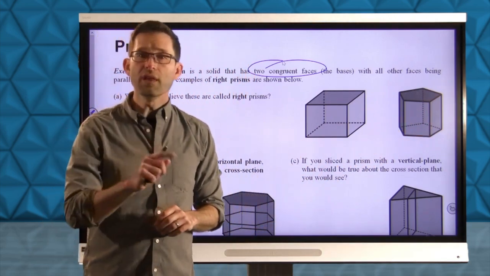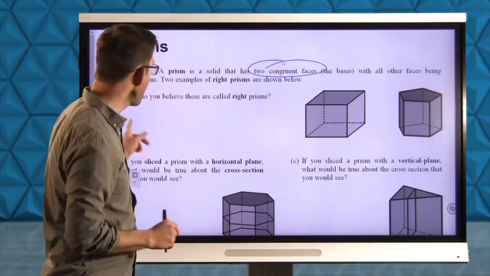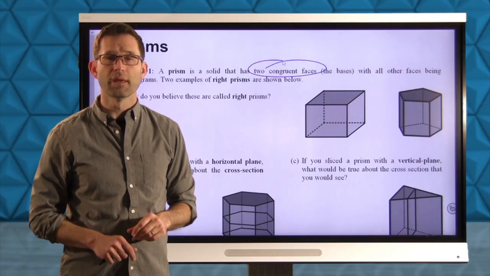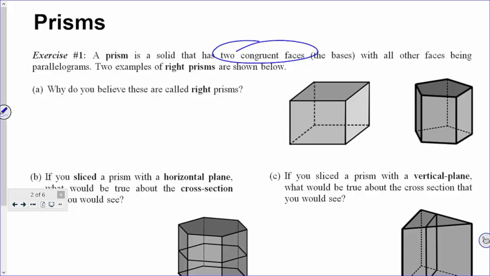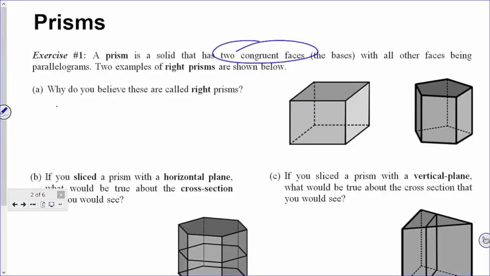These two particular prisms are what are called right prisms. Letter A asks us, why do you believe that they're called right prisms? Well, that's because all of the non-base faces are rectangles.